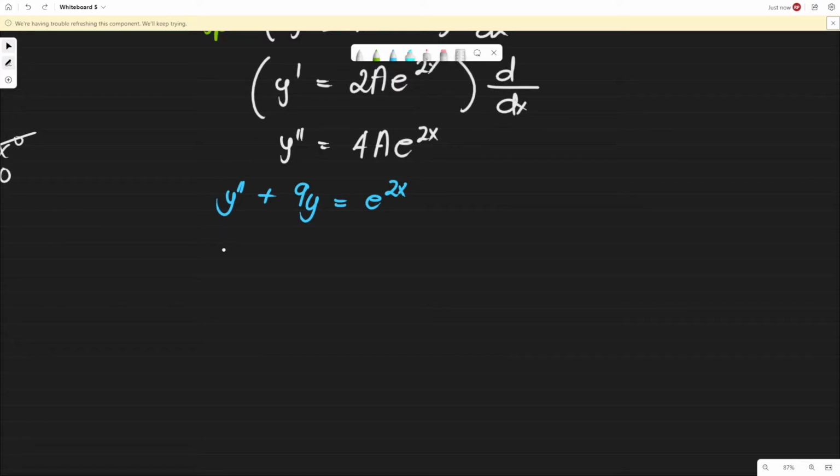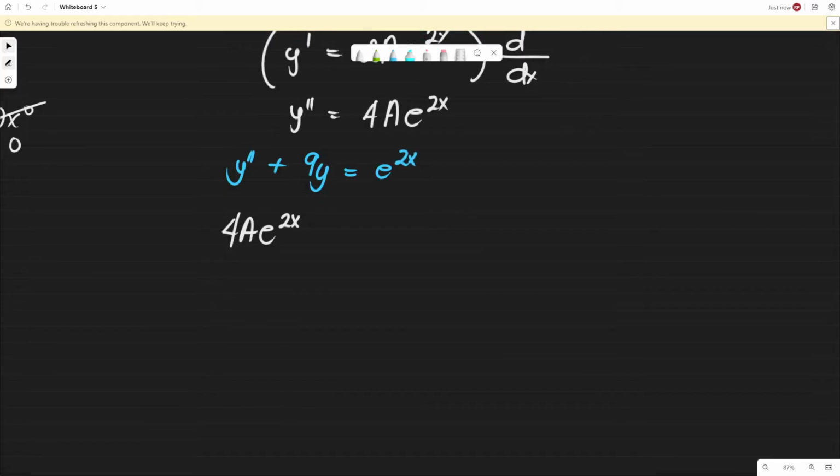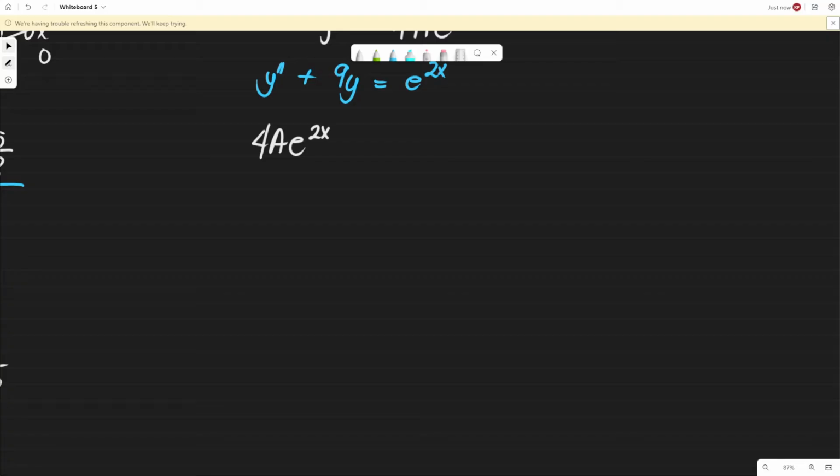For y double prime, I will substitute 4Ae raised to 2x. Next, plus 9 times y, which is Ae raised to 2x. Ae raised to 2x only. It is equivalent to e raised to 2x.